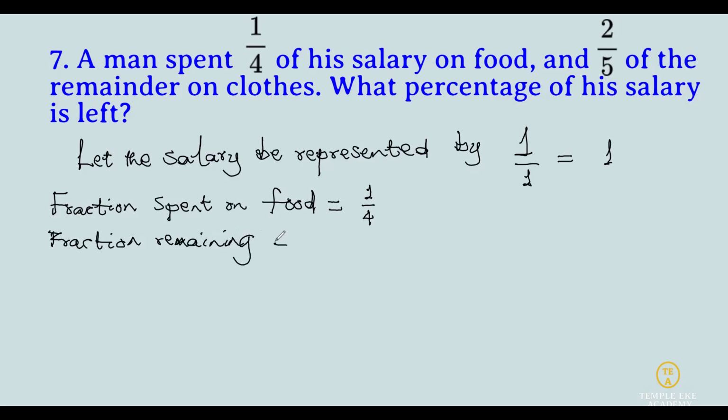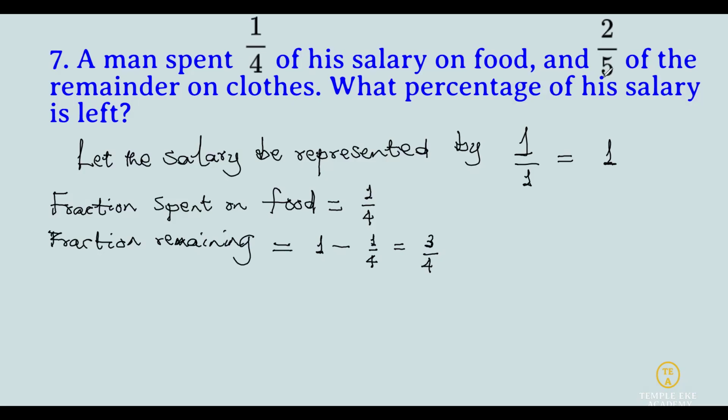Fraction remaining is going to be the original fraction representing the whole salary, which is 1, minus the fraction already spent on food, which is 1/4. In our video on fractions, we have discussed this as a quick technique: 1 minus any fraction means the denominator minus numerator over the denominator. So 1 minus 1/4 is 4 minus 1, which is 3/4. This is the fraction remaining.